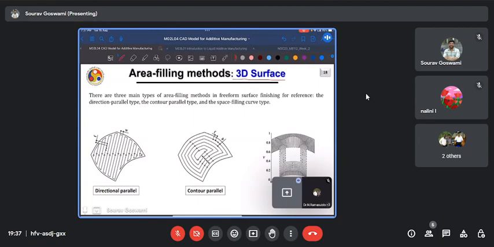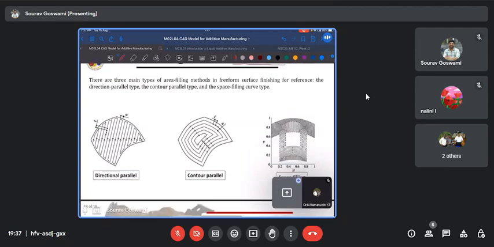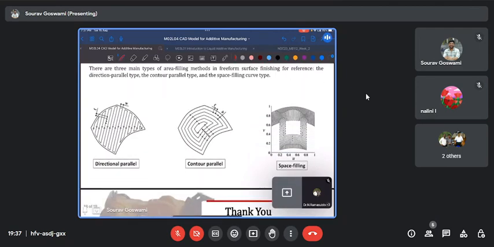There are three main types of area filling methods which were discussed in the lecture: direction parallel, contour parallel, and space filling. So direction parallel may be thought of as something similar to the zigzag, but in 3D space, of course. So this need not be a plane. This surface can be curved in space. Contour parallel is again similar to contour filling or contour offset.